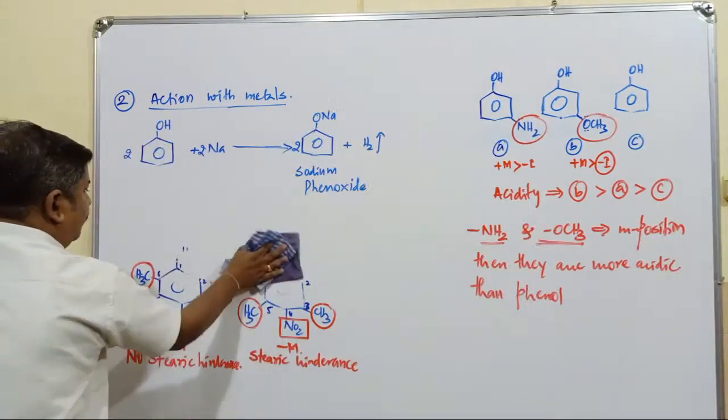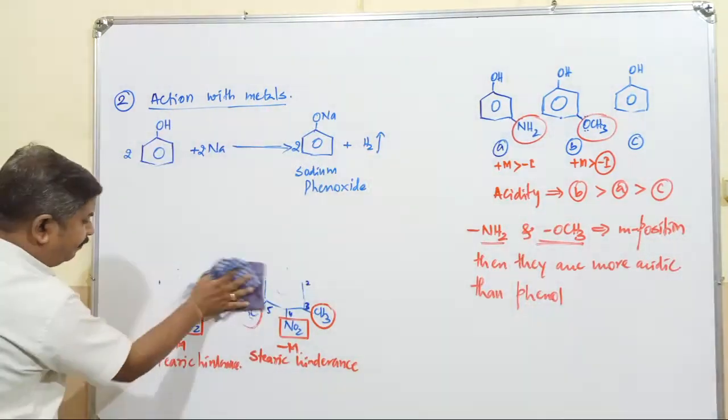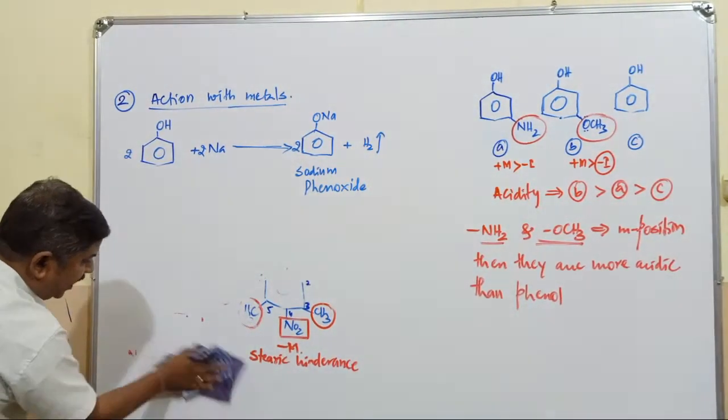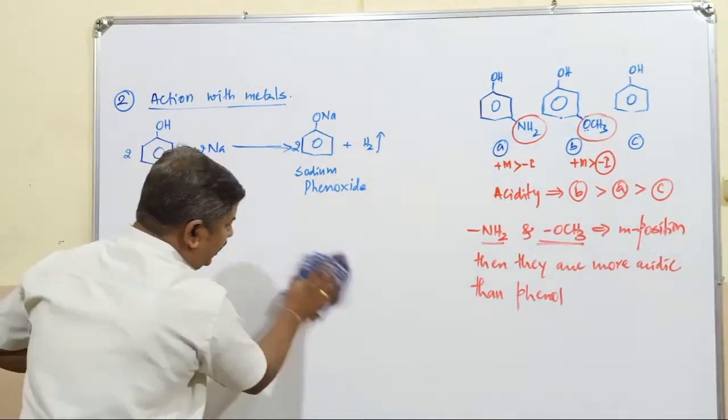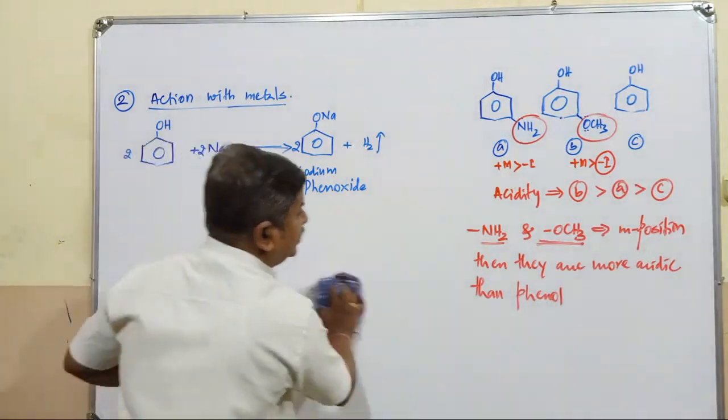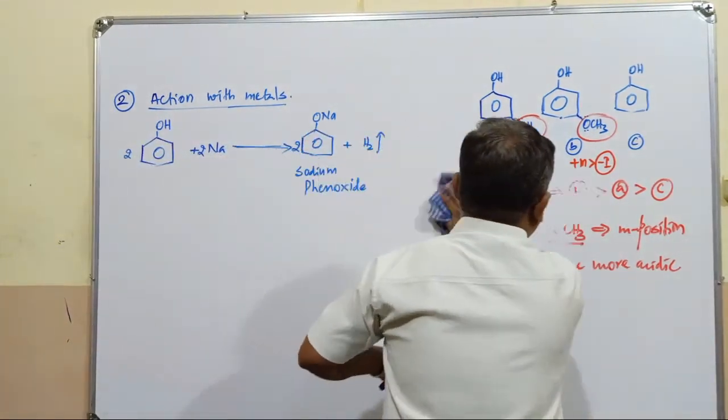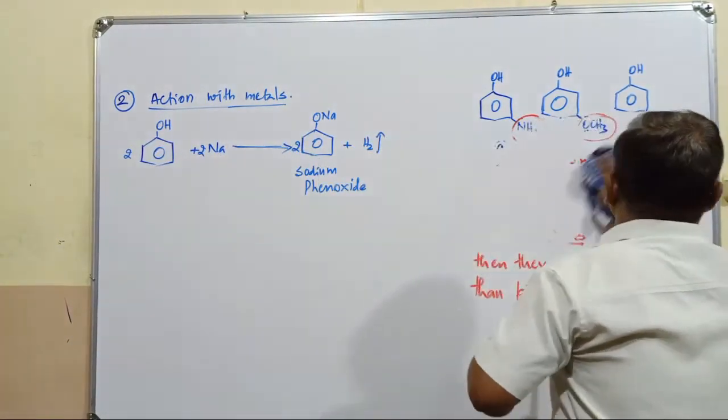When phenol reacts with any active metal like sodium or potassium, it liberates hydrogen gas.